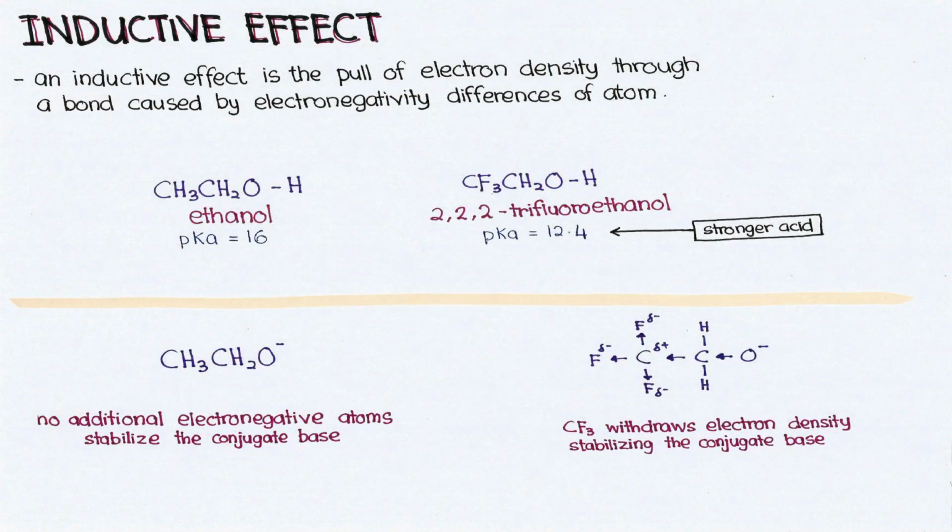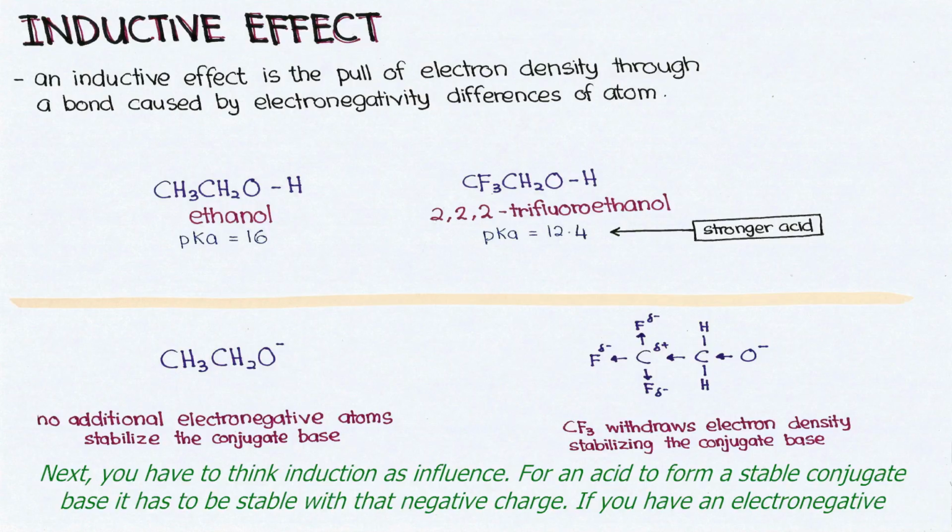Now we are done with resonance, and we will move to the inductive effect. You will have to think of induction as influence. For an acid to form a stable conjugate base, it has to be stable with that negative charge.